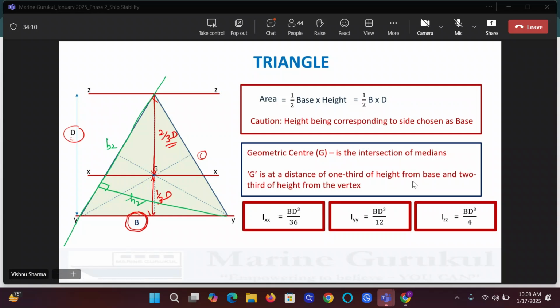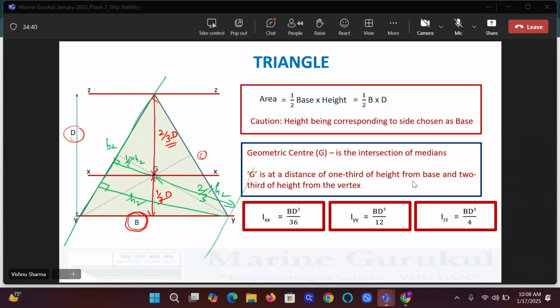Then the perpendicular distance of this point from here is 1/3 of H2, and the perpendicular distance of this one will be 2/3 of H2. Am I clear now? When you change the base, the height will change. Do you agree with me? So it has to be 1/3 and 2/3 of what?